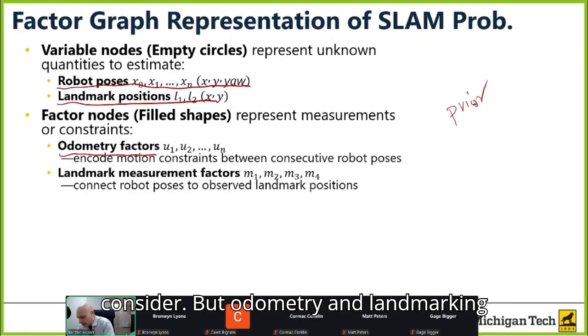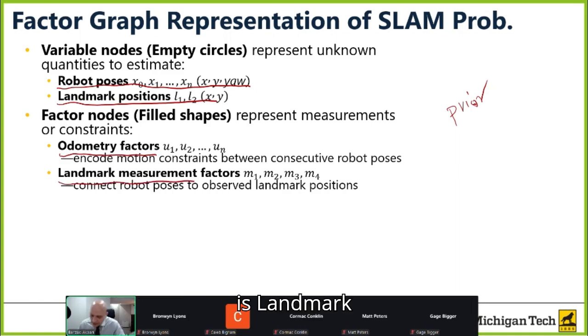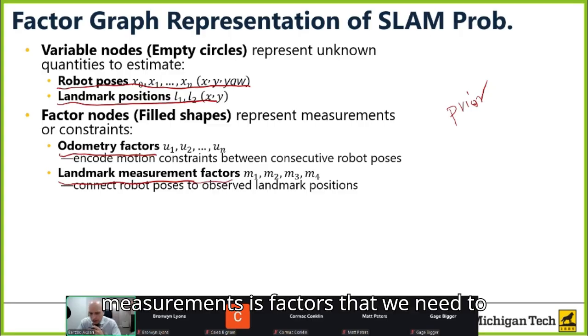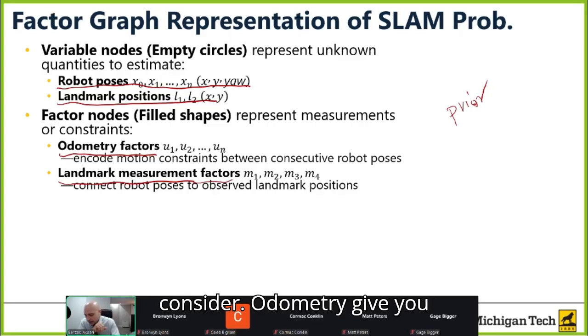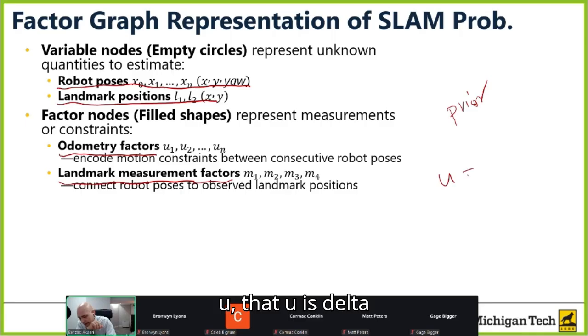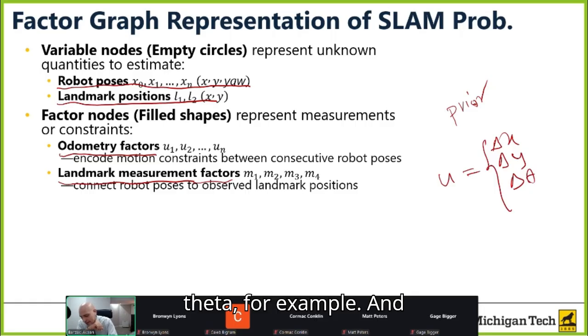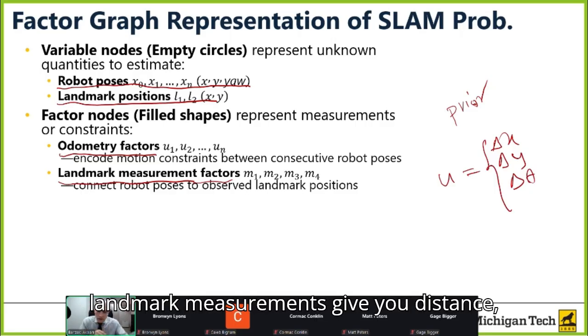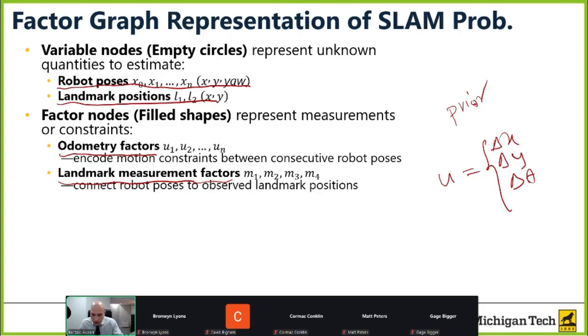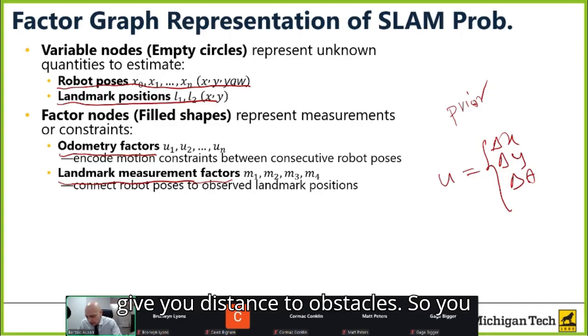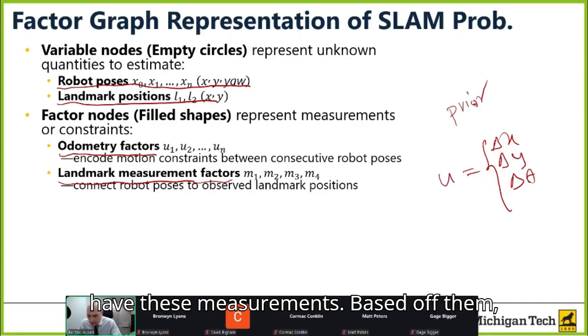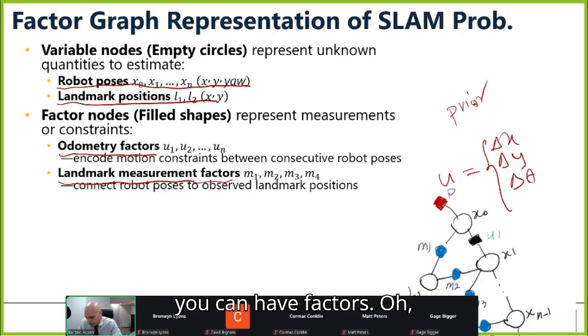Odometry and landmark measurements are the factors that we need to consider. Odometry gives you U, which is delta X, delta Y, delta theta, for example. And landmark measurements give you distance to obstacles. Based on these measurements, you can have factors.